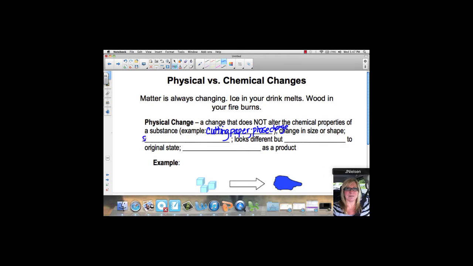It is the same material in a different form. It looks different, but can go back to the original state.